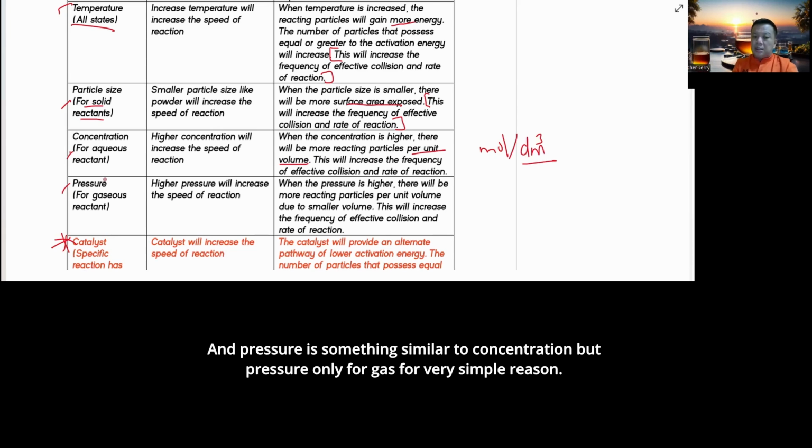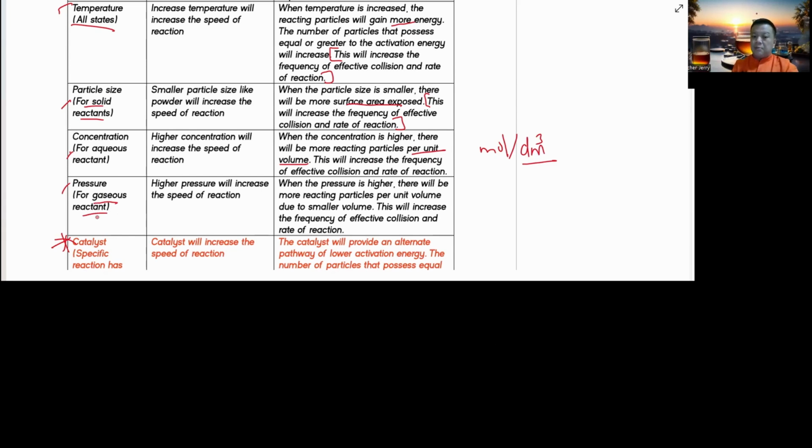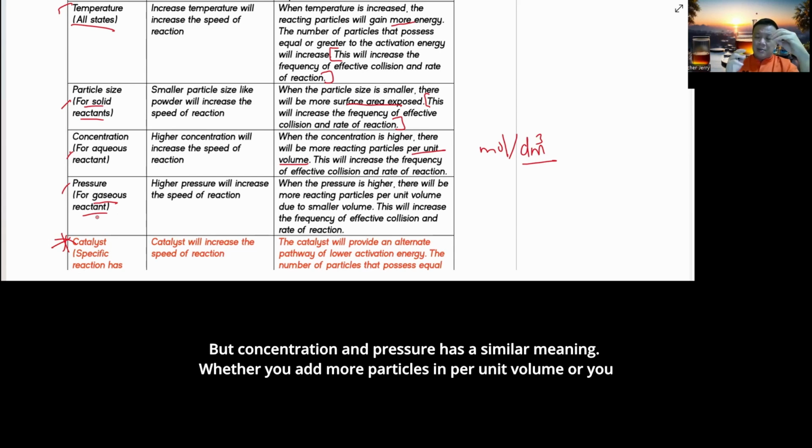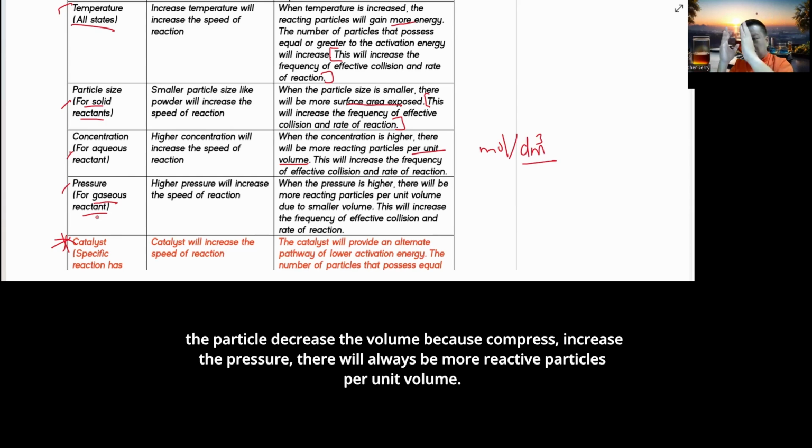And pressure is similar to concentration, but pressure is only for gas for a very simple reason. We cannot compress solid, liquid, or aqueous. We can only compress gas. But concentration and pressure have a similar meaning: whether you add more particles per unit volume, or the particles stay the same and you decrease the volume, because compress means increase pressure, there will always be more reacting particles per unit volume.